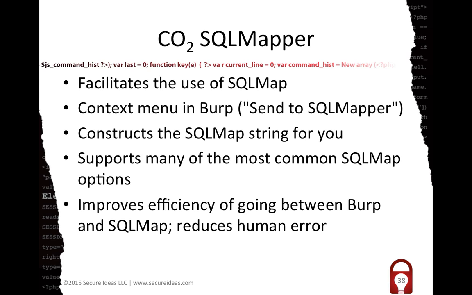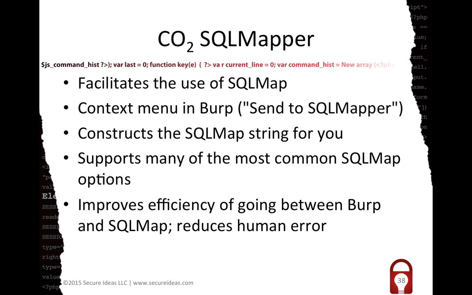So I didn't want to rewrite SQLMap. That's not the intent. But if you have used it before, then you already know that it just has lots and lots of options. So what I wanted to do was come up with a way to reduce the human error of going back and forth between Burp and SQLMap, doing copy and paste, copying the cookies over, copying the post data over, and then trying to remember what all the different options were.